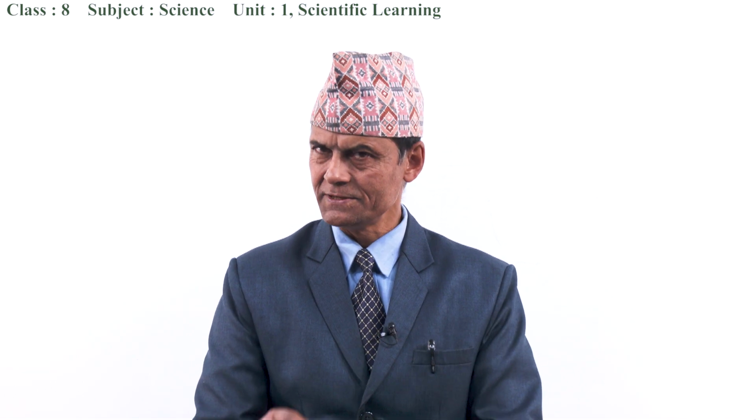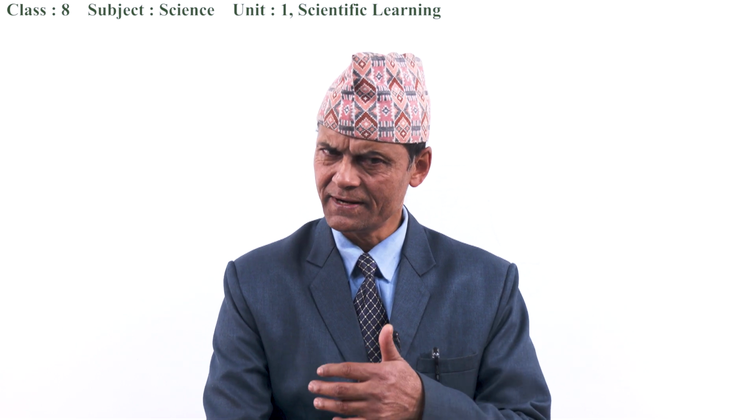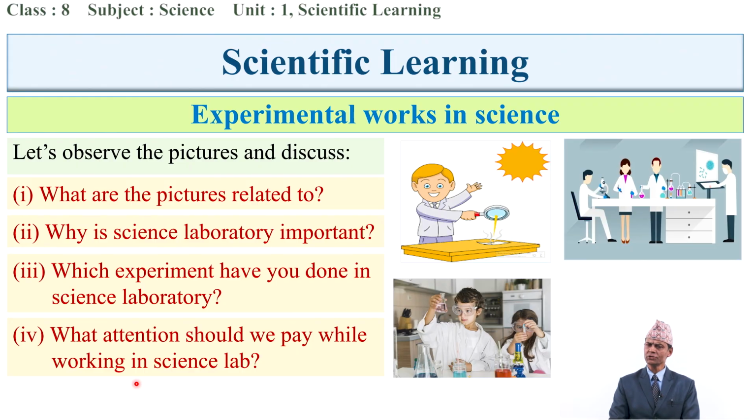So different activities you may have performed there. You may have prepared gases, you may have prepared crystals from the solution. These are the different activities which we can do in the science lab. So the science lab is important. And what attention should we pay while working in the science lab?